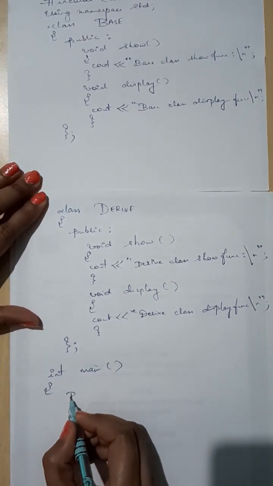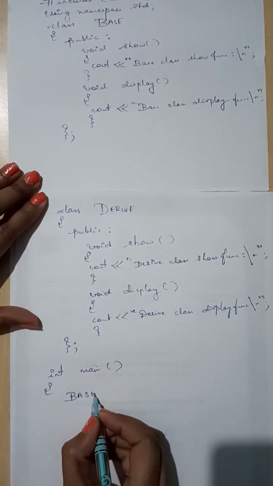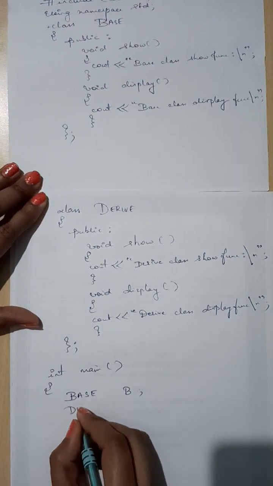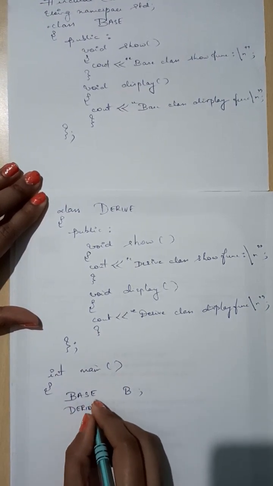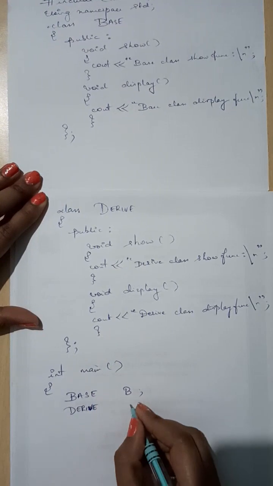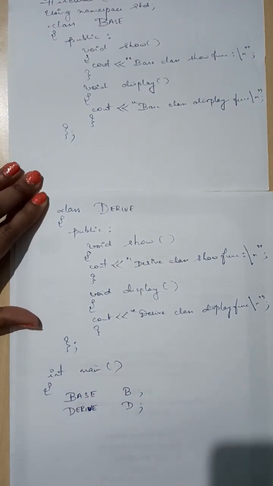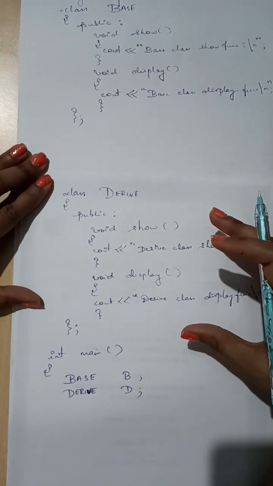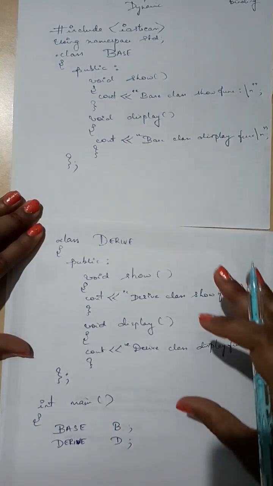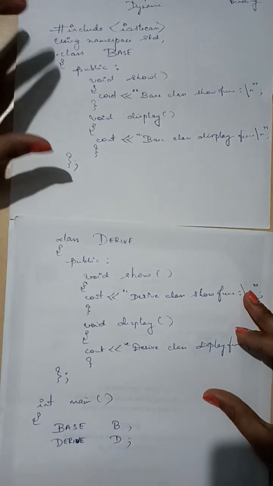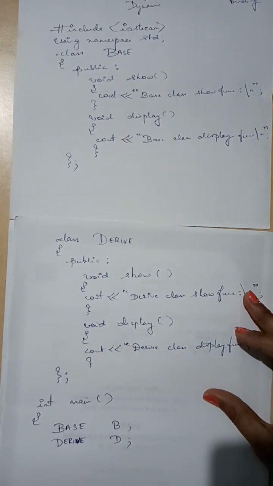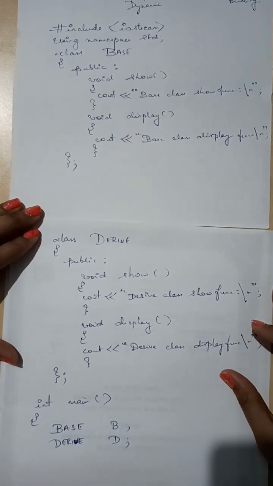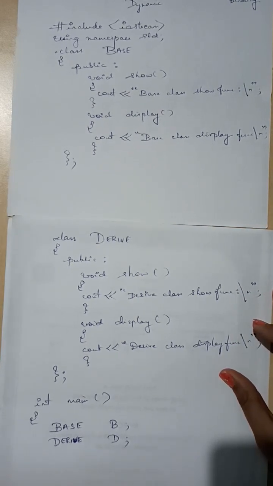So I will take the base class, the object is B, and the derived class, the object is D. So now to override the base class member function, what I have to do as a programmer is make use of the keyword virtual.